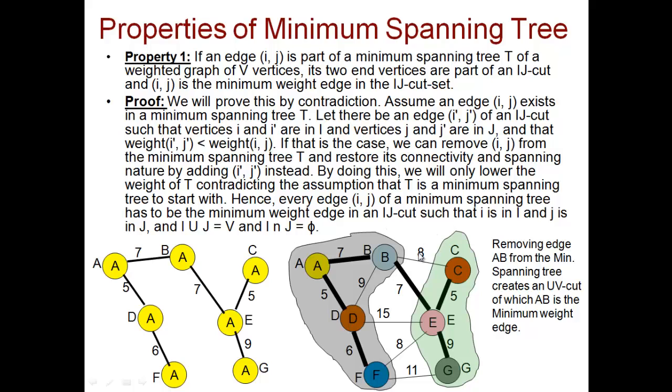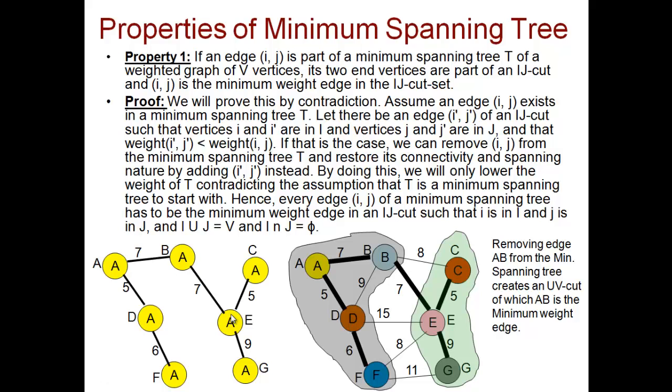Now across this cut we have one or more edges crossing this cut, right? The minimal weight edge in this cut is 7, isn't it? And that edge is part of this minimal spanning tree.